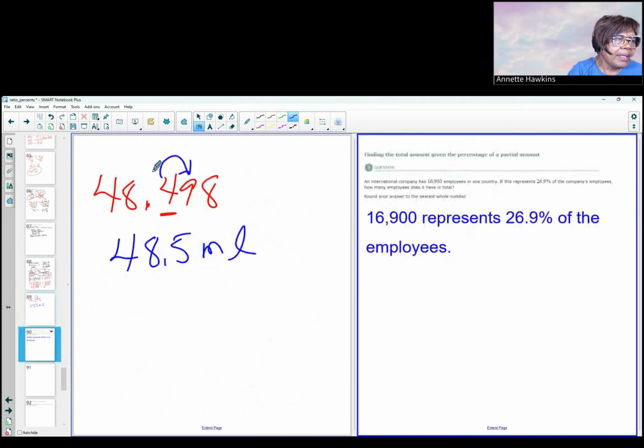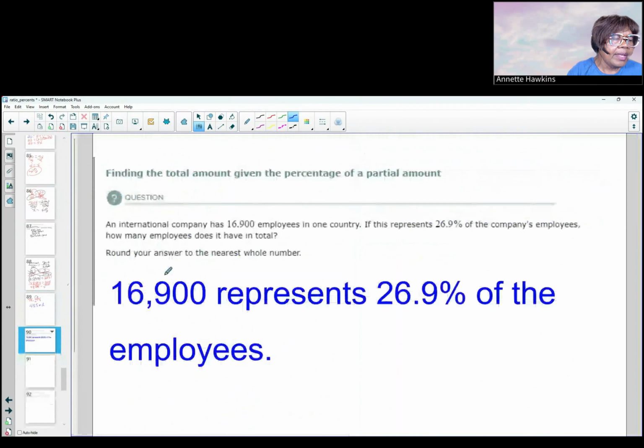All right, let's take a look at this one. It says an international company has 16,900 employees in one country. You see this often in percent word problems.